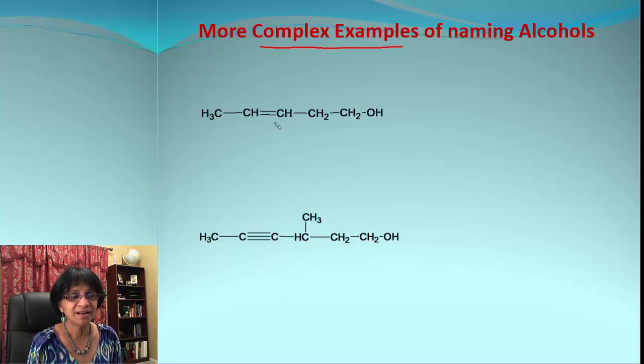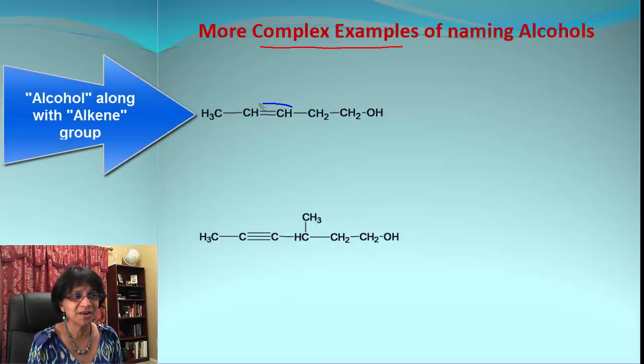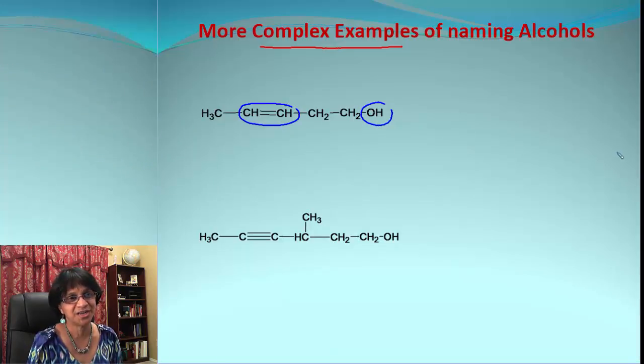Alright, are you guys ready for some more complex examples of alcohols? Over here, in this first example, we got 2 functional groups. One is an alkene and the other is OH. But remember, who is the boss? The OH group, alcohol, is the boss. So I'm going to start numbering from right to left in this manner.